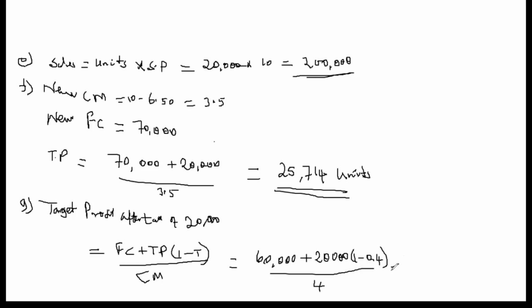So this gives us 23,333. You multiply the 20 times 0.6 first before you add. Make sure you do that before you add. 1 minus 0.4 is 0.6. So you get 12, 12 plus 60 is 72, so 72,000 divided by 4.